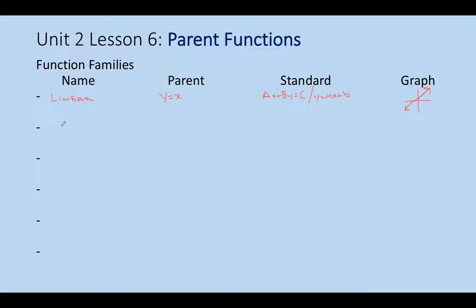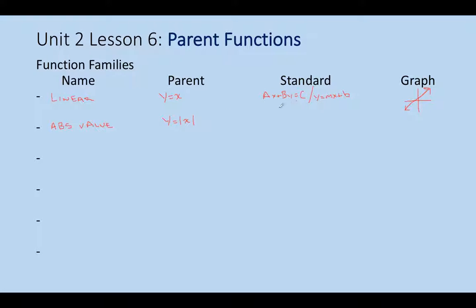One that is closely related to the linear family is the absolute value family. This is similar in that we're going to get straight lines. So y equals the absolute value of x.